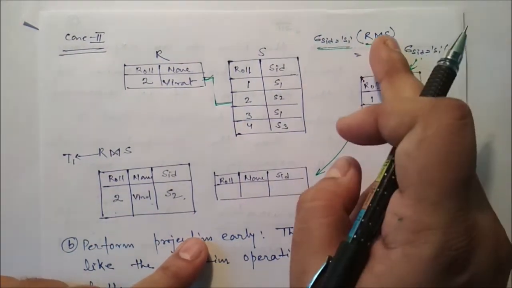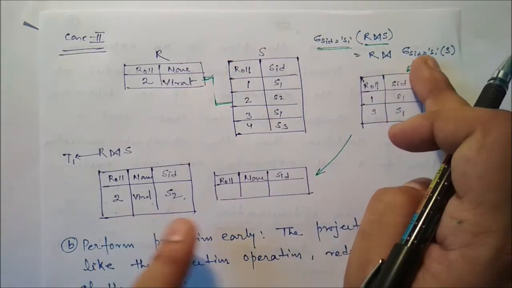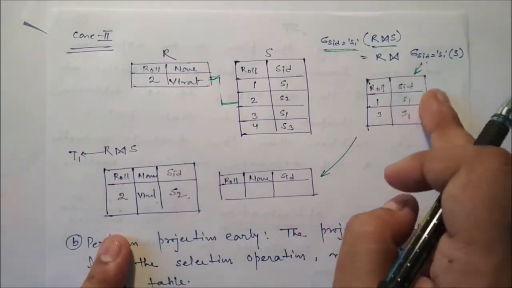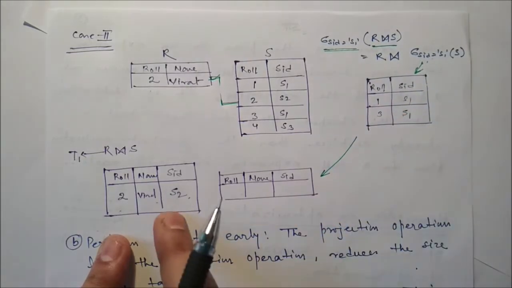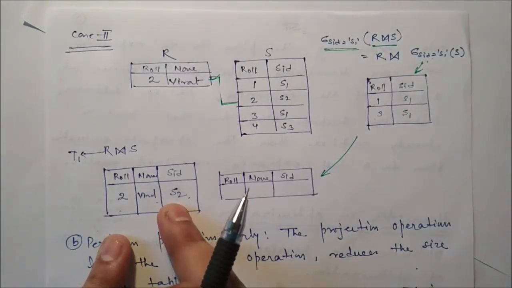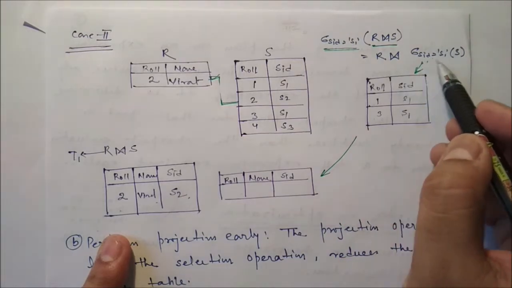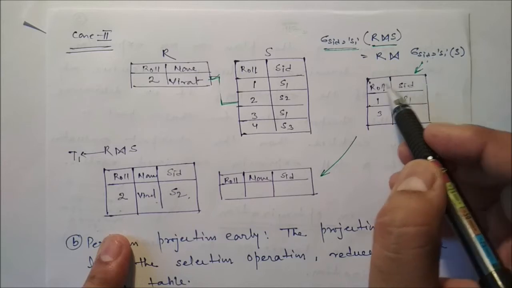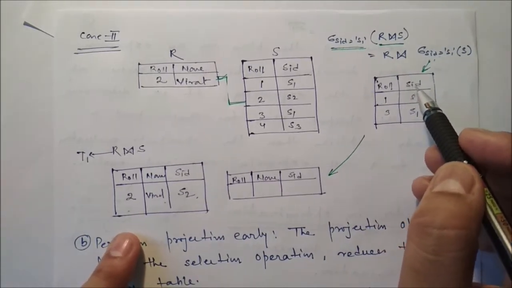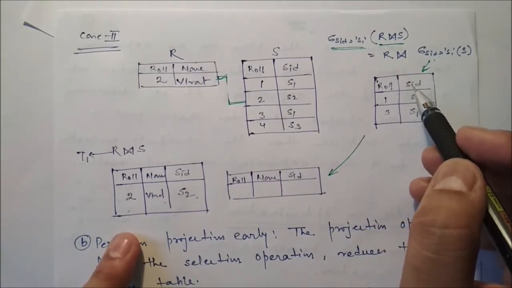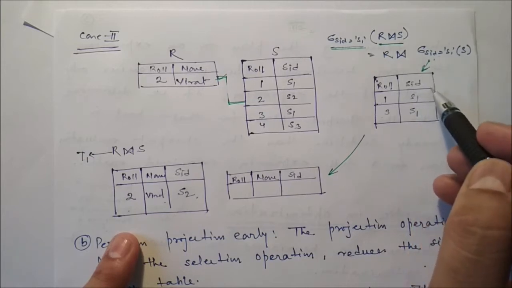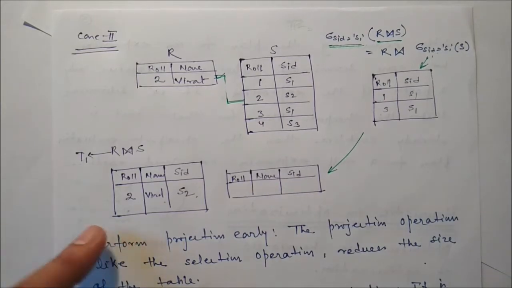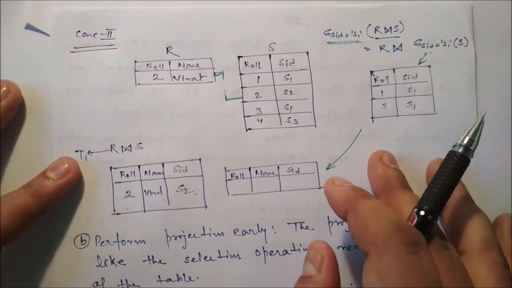Now if you compare these two, in this case the intermediate size is more than in the other. So if you apply the selection condition earlier here, it will not help. That's why it is called heuristic. Sometimes it helps, sometimes it does not, but it is seen that most of the time it helps to reduce the cost if you use the selection condition before join. But in this case it is not true.